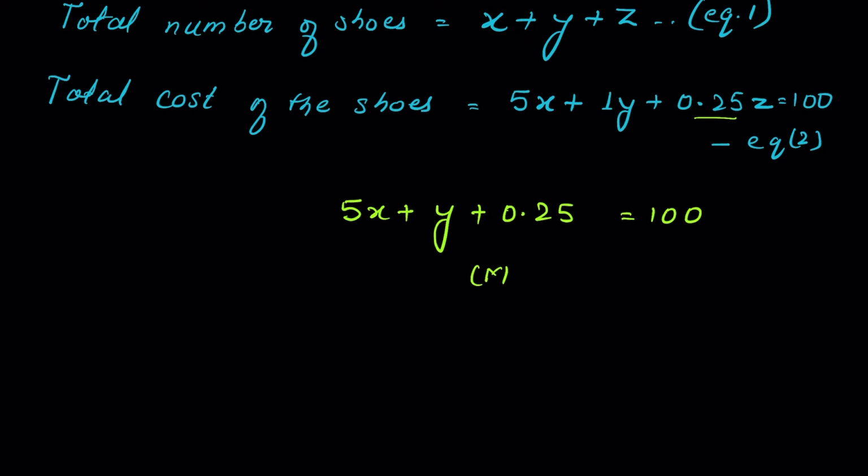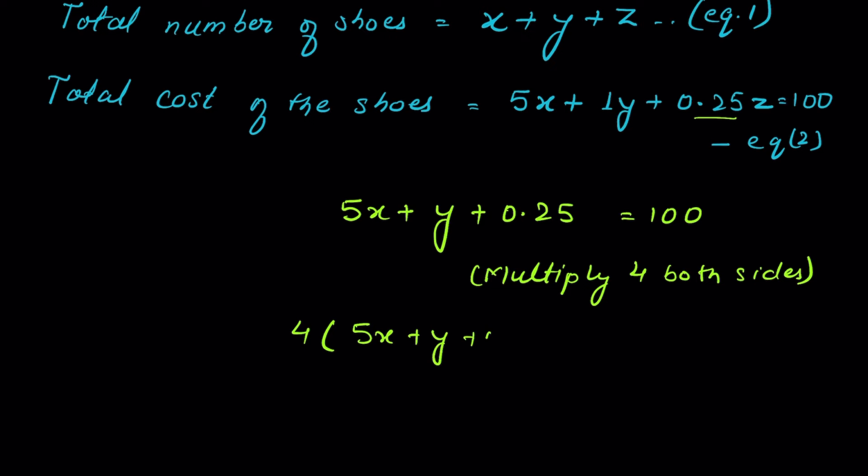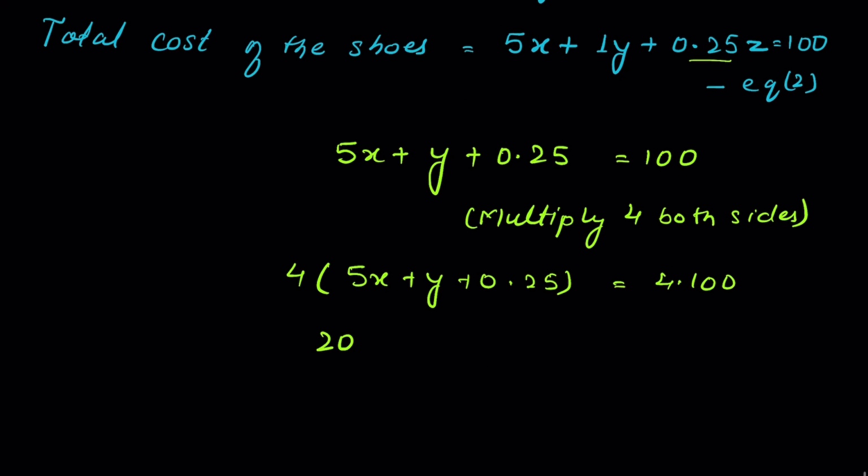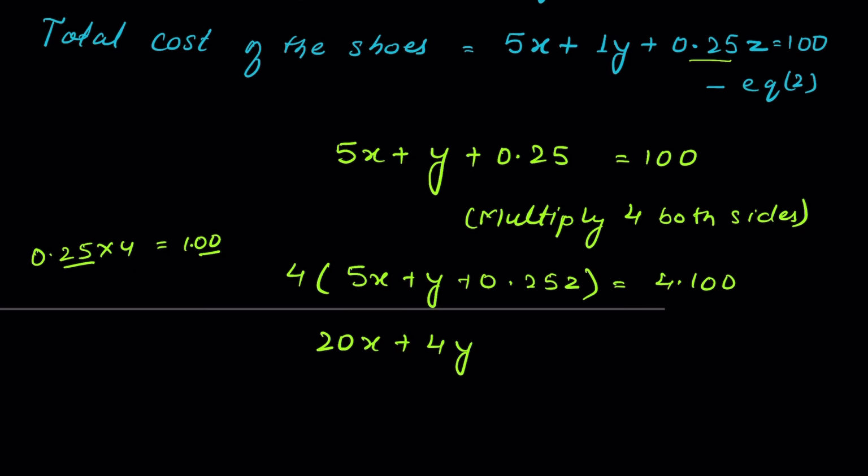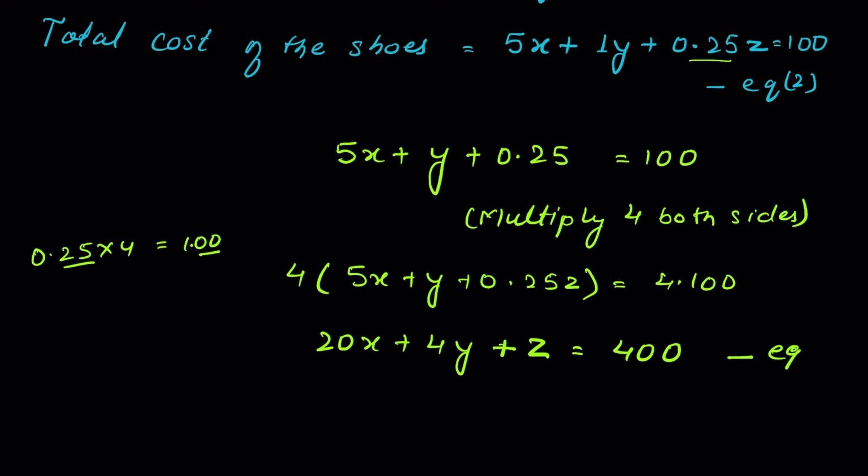If we multiply both sides by 4, then we can write 4 times (5x plus y plus 0.25z) equals 4 times 100, or it is 20x plus 4y plus z, since 0.25 times 4 is 1, equals 400. Let this be equation 3.